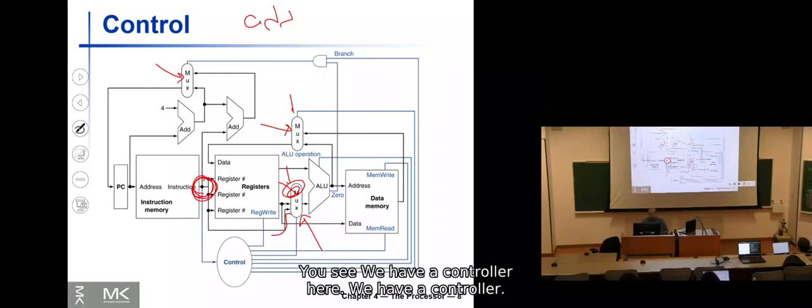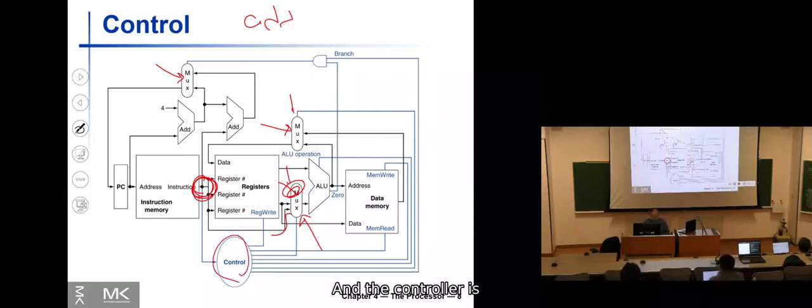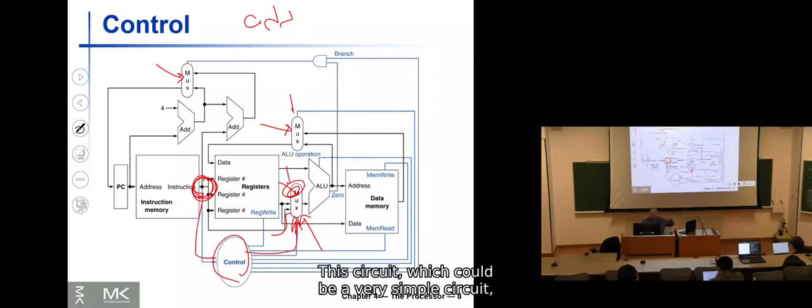You see, we have a controller here, and this controller is generating the select for the multiplexers. And this select is coming from the instruction. This circuit could be a very simple combinational circuit, and you could write the truth table very easily.